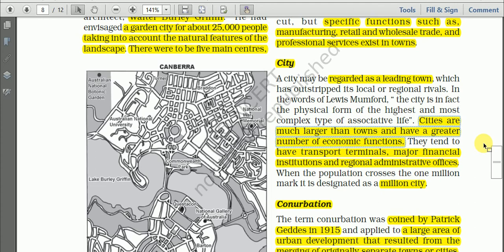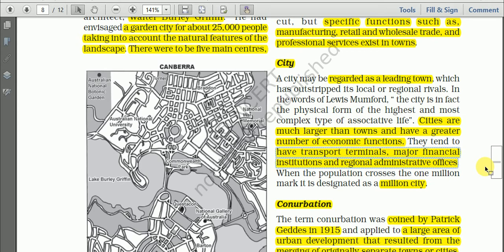Cities have transport terminals, major financial institutions, and regional administrative offices.